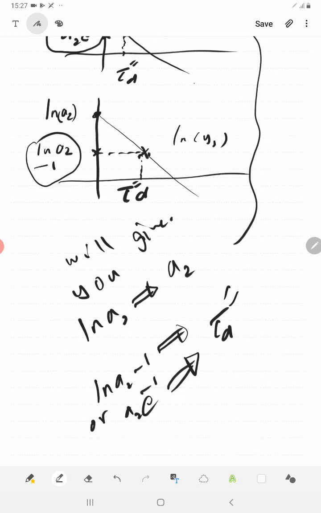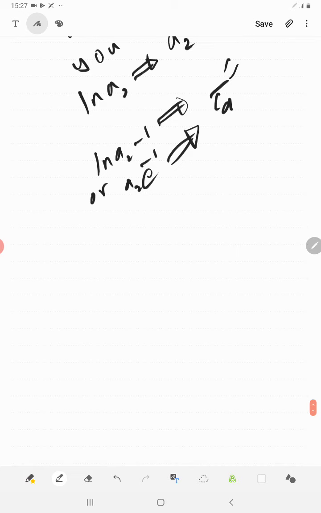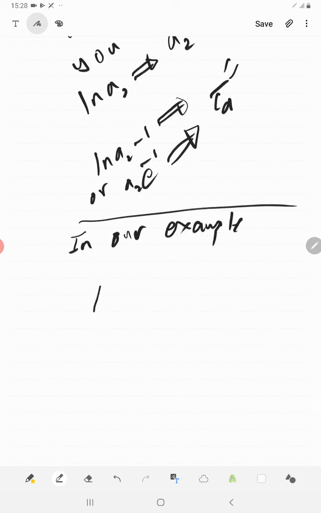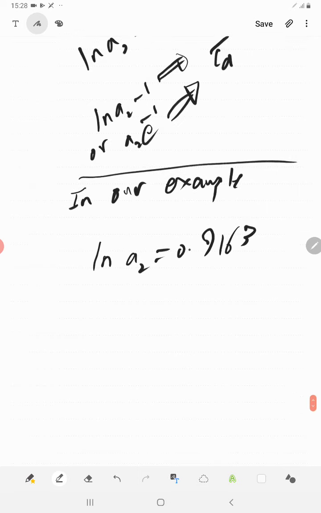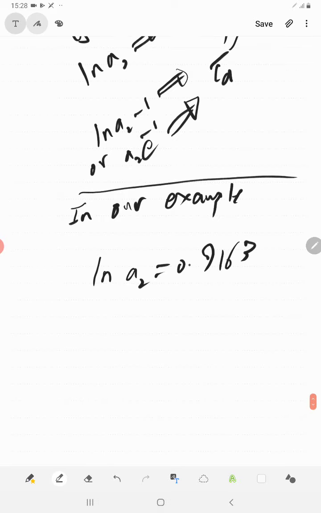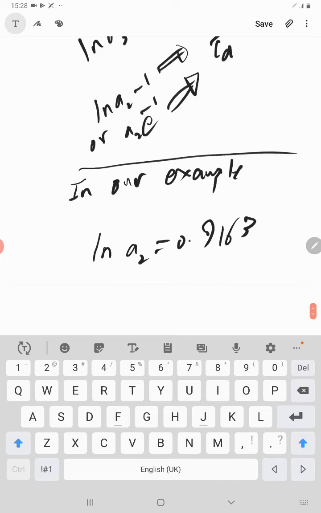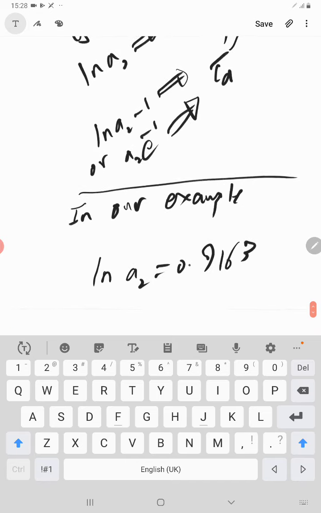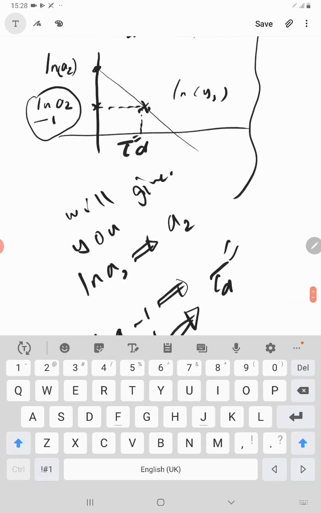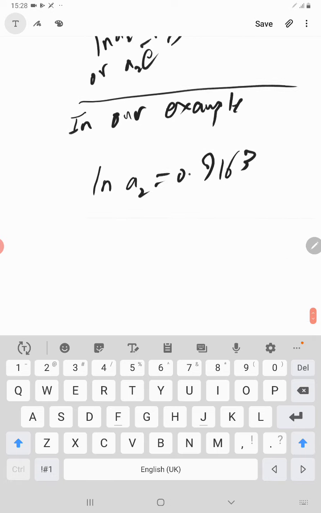In our example, ln A2 becomes 0.9163, and then you can calculate A2.